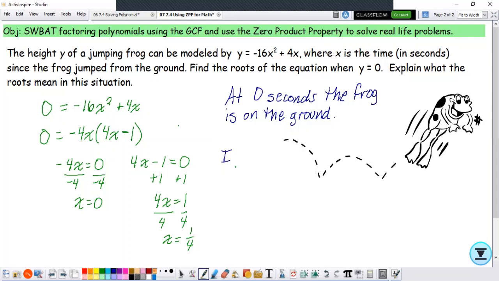And it takes 1/4 of a second for the frog to make one hop.